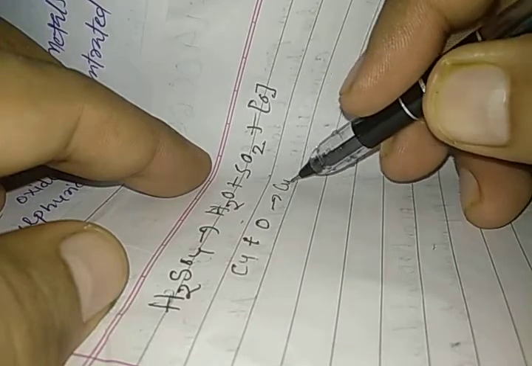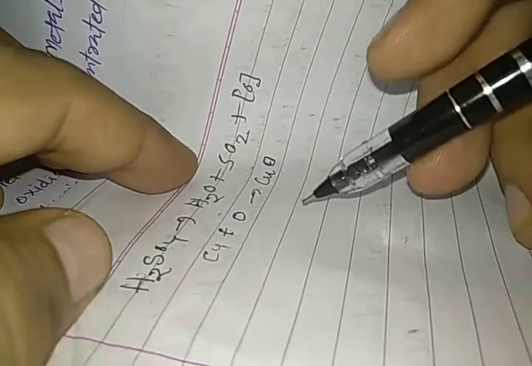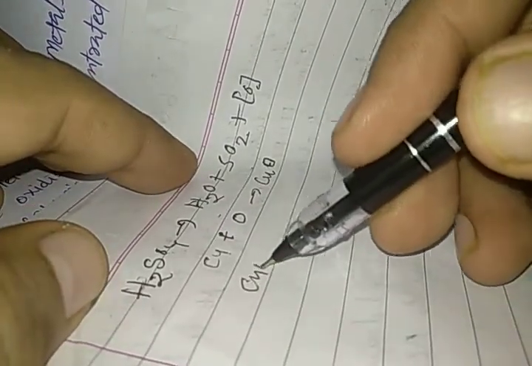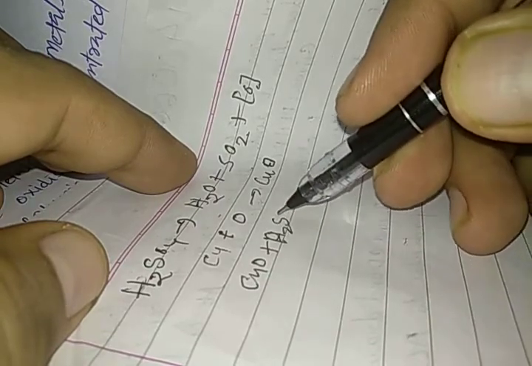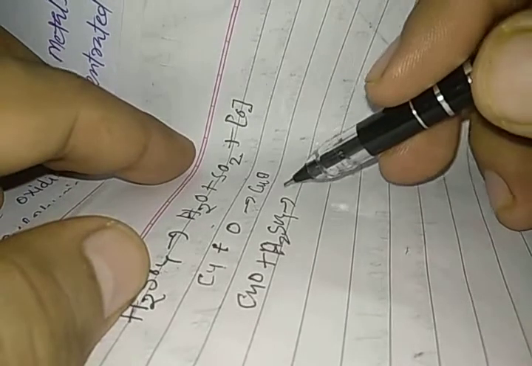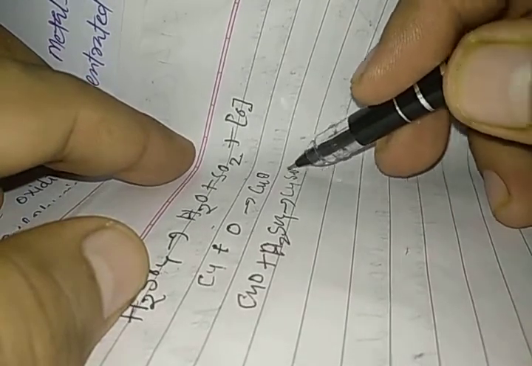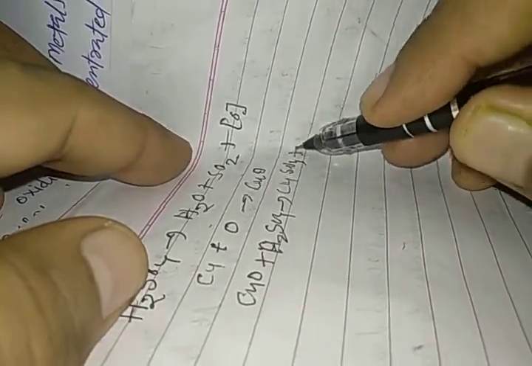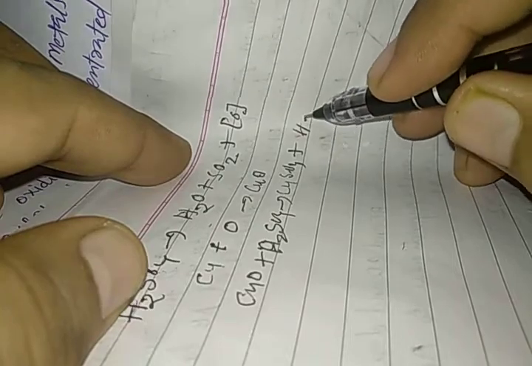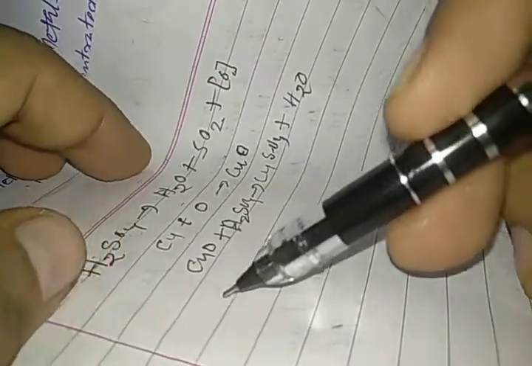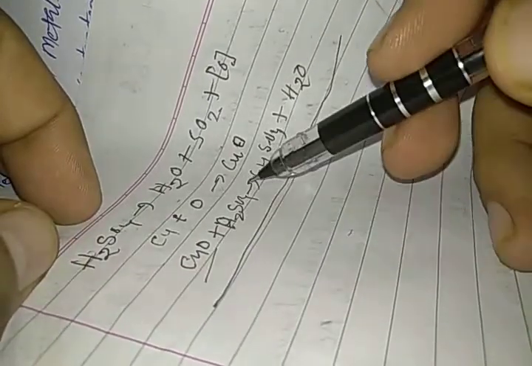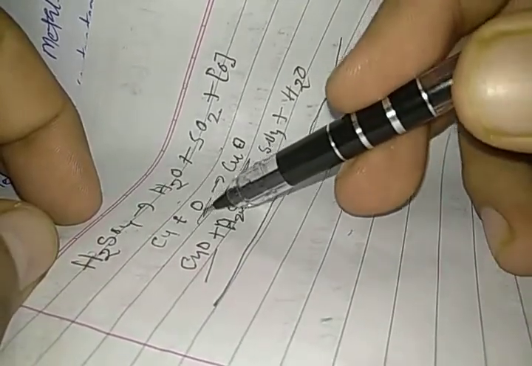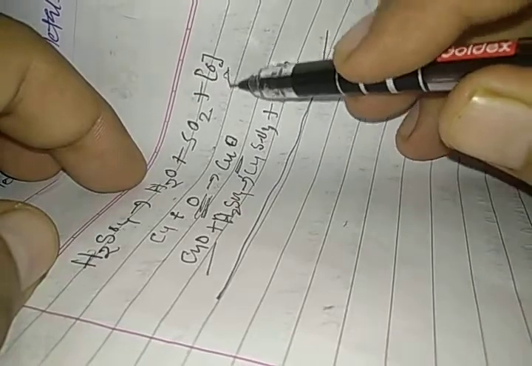that gives you CuO, and then this CuO again reacts with H2SO4, that gives us CuSO4 and H2O. Now if we add all this, we can remove CuO, and this nascent oxygen can also be removed.